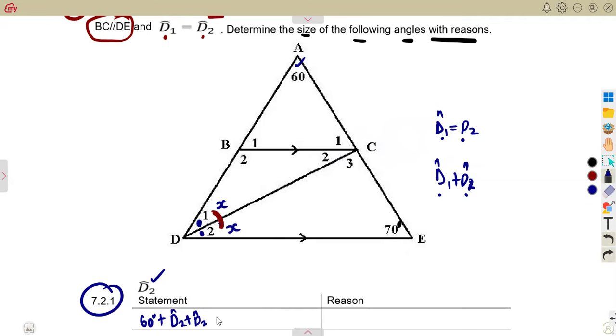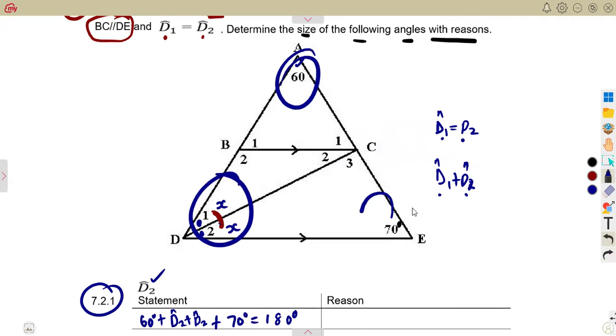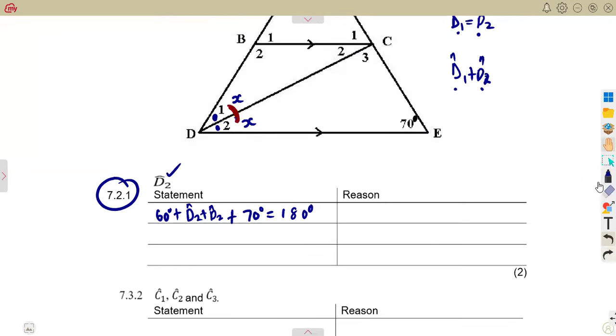If we take this, add 70 degrees, this whole part is supposed to give us 180 degrees, angles inside of a triangle. That is the sum of interior angles of a triangle. It must give us 180 degrees.